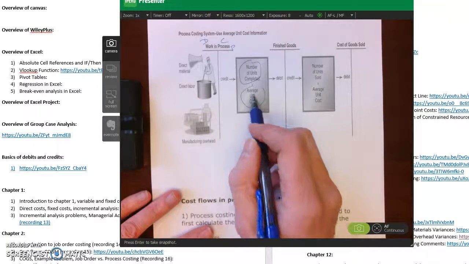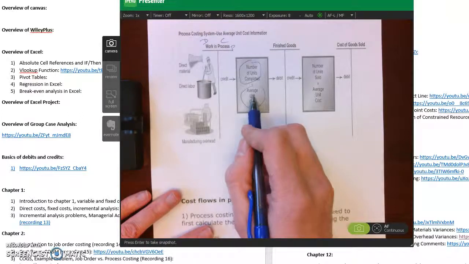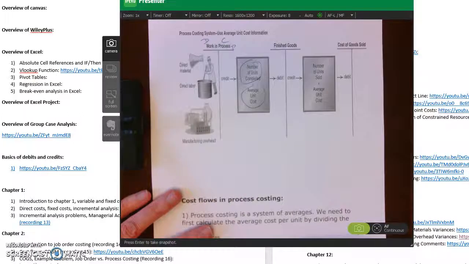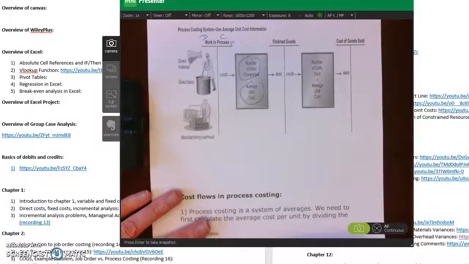That's why it doesn't make sense to do this for job order costing. If you think about an automobile repair shop, people could be bringing in a Virginia State inspection versus a muffler change, and they're two very different costs. Virginia State inspection is way less than the muffler change.